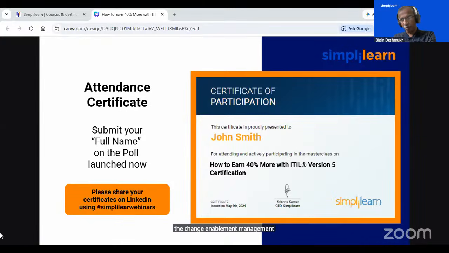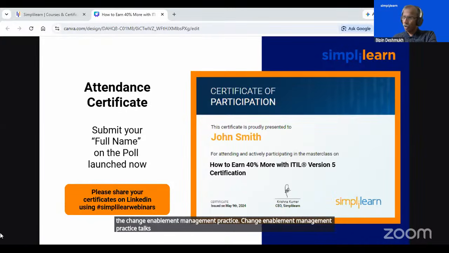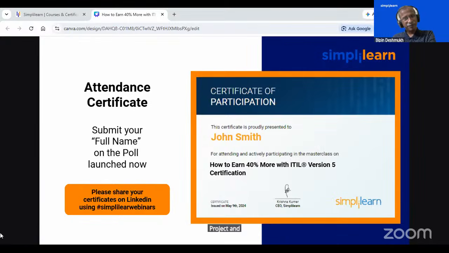Change enablement management practice talks about change control. It also talks about organization change management. It also talks about embedding with the change management used as a part of project and program management methodology. I hope that should answer their question.